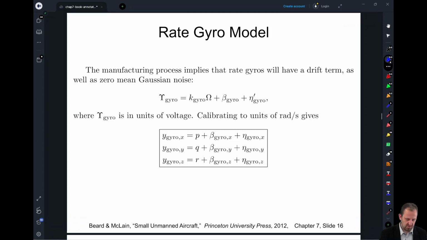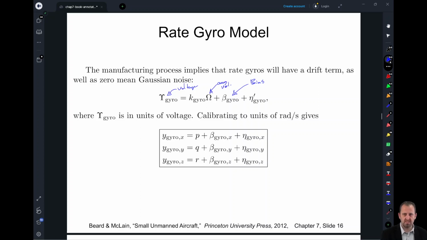Then we jump into actually generating the model, right? So here, again, this is a voltage. This is our angular velocity. Then we have a bias term. And again, biases are slowly varying or nearly constant parameters.